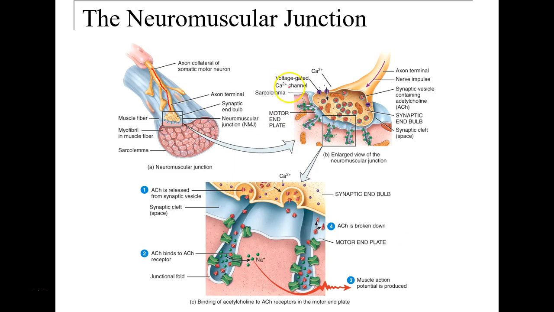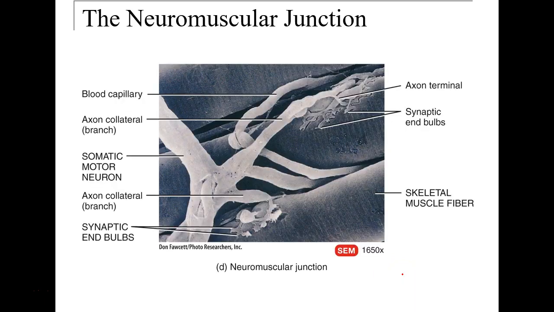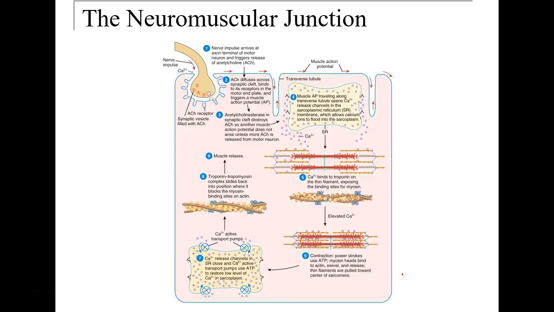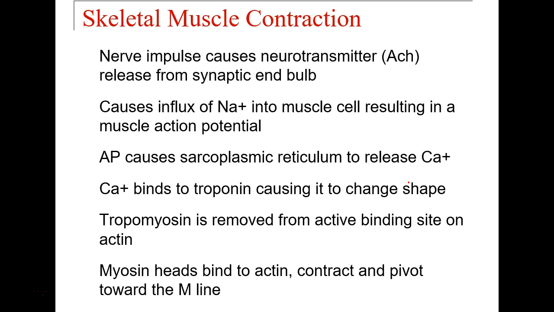We have an impulse, calcium releases in, neurotransmitters out, sodium in, and then calcium is released from sarcoplasmic reticulum. And this is a nice picture where everything is laid out in steps for you to follow. And here is everything written down into sentences.